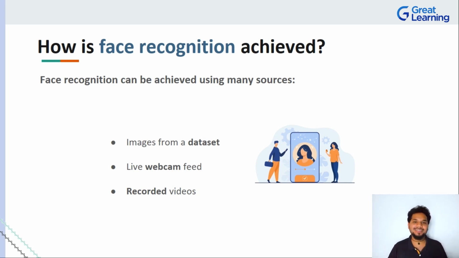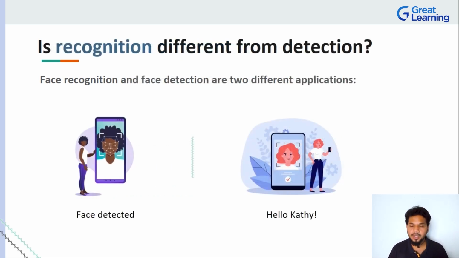And a static image is exactly what Facebook uses when it recognizes you and automatically tags your friends. But whenever we're trying to monitor traffic or doing those mask related applications, that is when you're either using a live webcam feed via video or a recorded video from the past, right? So this is something you guys really need to know.